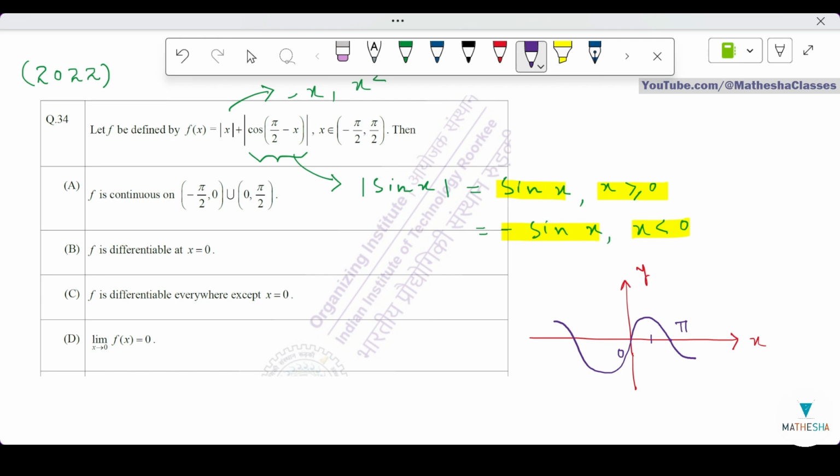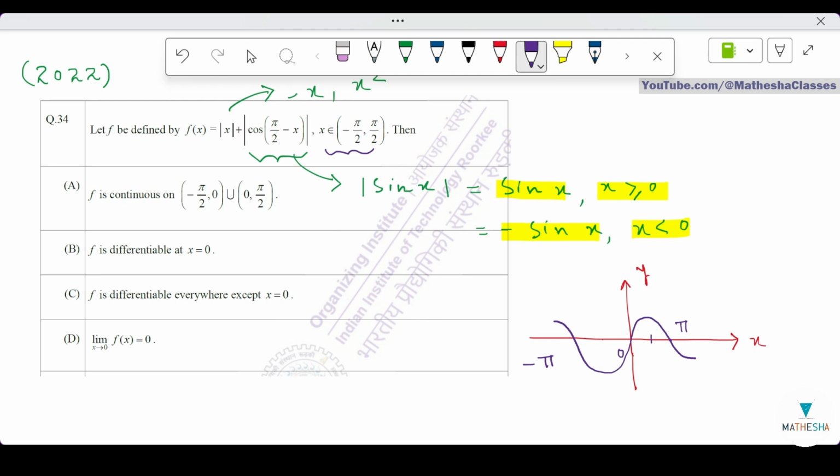On the left of origin, sin x will be negative until x is minus pi. Now note carefully, here the value of x is minus pi by 2 to pi by 2. So you do not require to consider that much.